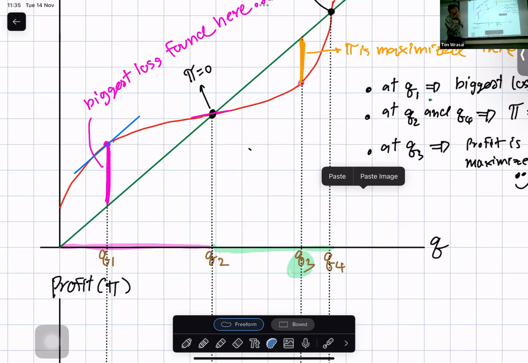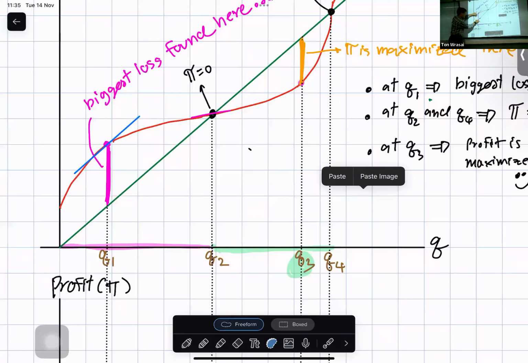This part is the difficult one, but you have to take a look. At Q1 is a place where the slope of the green curve and the red curve share the same slope.